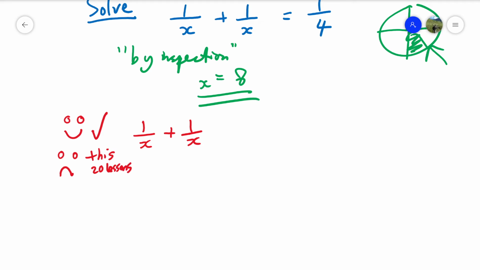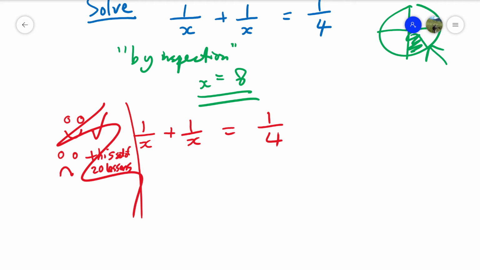Because in this set of 20 lessons, I've got some kind of learning aims, and one of them is developing key advanced skills in solving equations, which means moving beyond just using algebra, using things like by inspection, which are of vital importance. Anyway, let's just do this one using algebra.